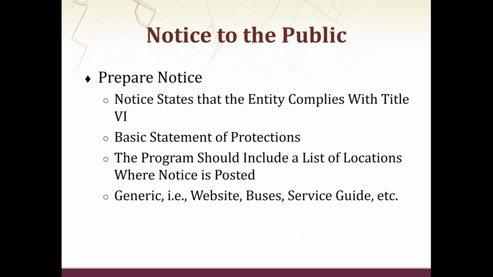So starting with the notice to the public, this is one of the key requirements because most people don't know what Title VI is, and we'll see this in a little bit too when we're discussing complaints. People will rarely make a complaint where they are actually citing Title VI. Most people are completely unaware of what it is, and so it makes it very important, first of all, to have these notices telling the public about what their rights are under Title VI.